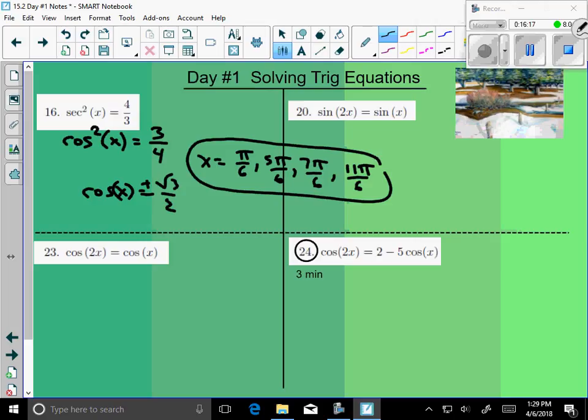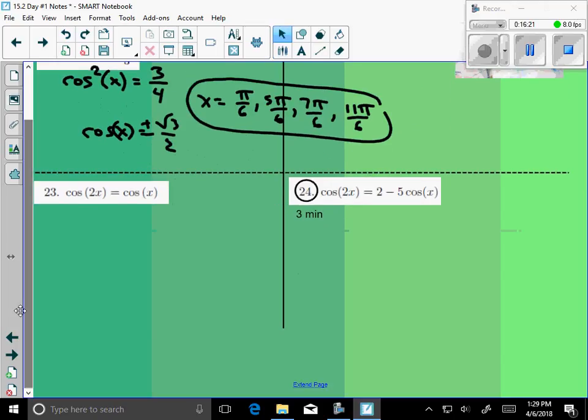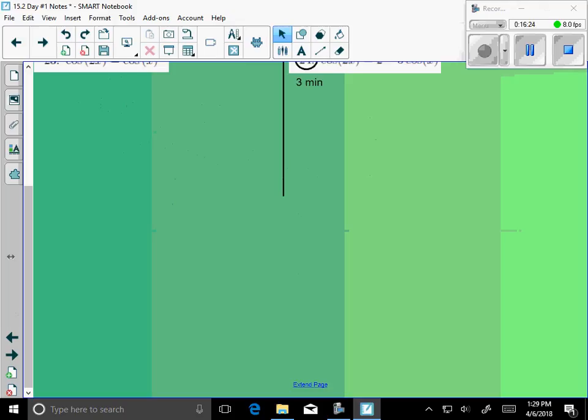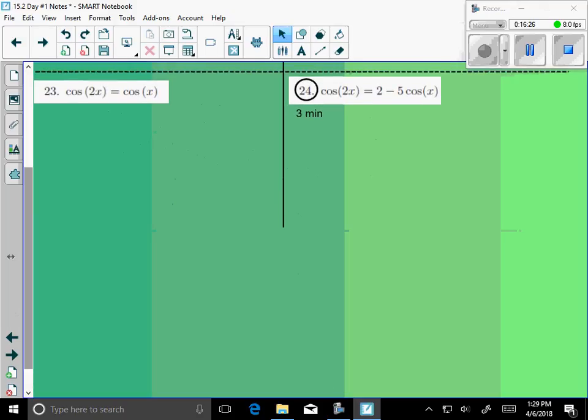True. Okay, let's do number 24. That one tends to look filthy to children. Okay, that identity has 3 forms. Why would I pick this one?